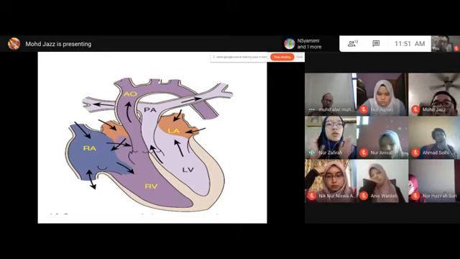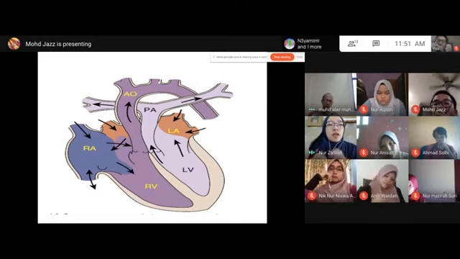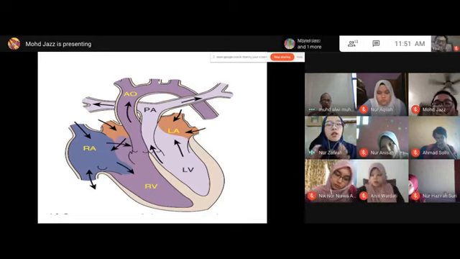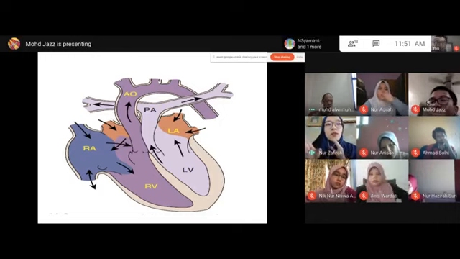What is transposition of great arteries? Usually in a normal baby, the pulmonary artery arises from the right ventricle and the aorta arises from the left ventricle. However, in this patient with TGA, it is opposite, whereby the aorta arises from the right ventricle and the pulmonary artery arises from the left ventricle.